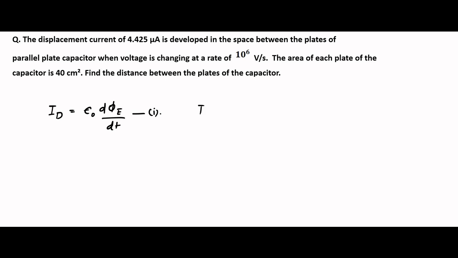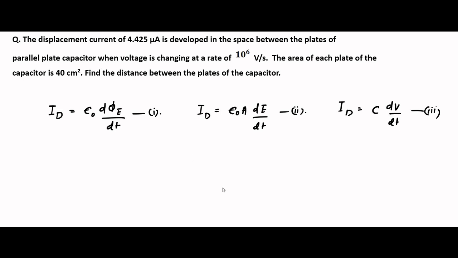Then another way is ID is equal to epsilon 0 A times the rate of change of electric field with respect to time. And another way, which we derived in one of the previous questions, is ID is equal to C dV by dt, where C is the capacitance of the parallel plate capacitor and dV by dt is the rate of change of voltage between the two plates.